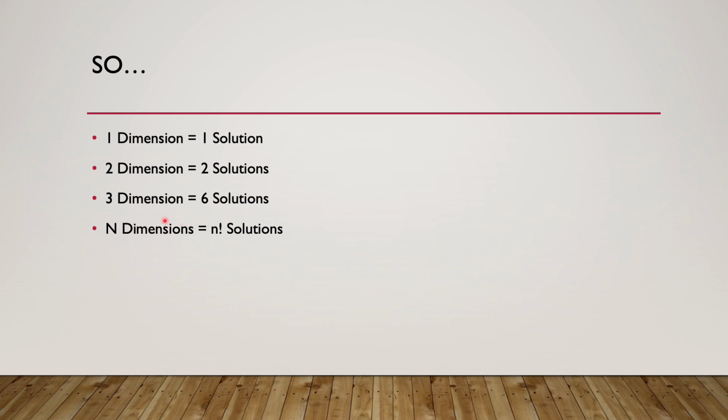With 3 dimensions, there are 6 solutions for yes, so a permutation I can reach that gives me a yes answer. I can start with the last element and work my way back, or start in the middle, and every permutation possible. This leads us to n dimensions giving us n factorial solutions.